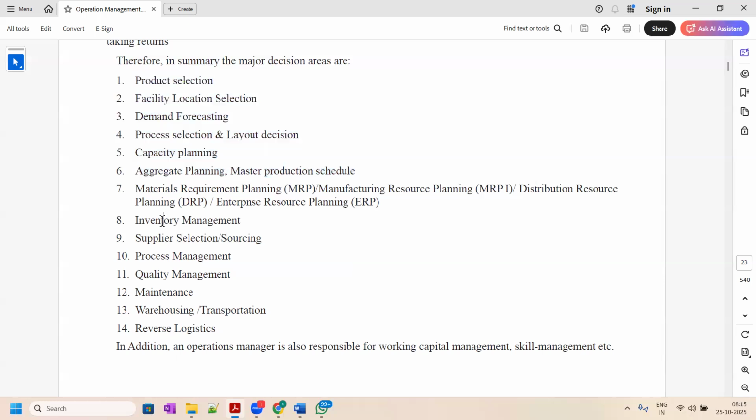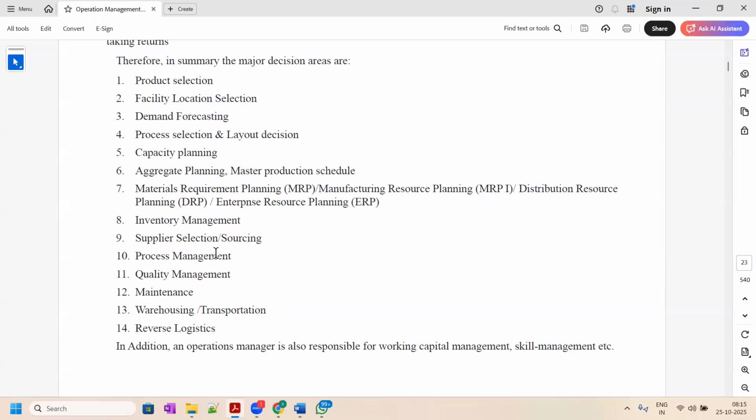Here we are talking about coordinating between materials, production and distribution. Then inventory management is all about how we can manage our raw materials, work in progress and finished goods. Then supplier selection or sourcing means who will give us the raw material. Choosing and managing our supply is very important.